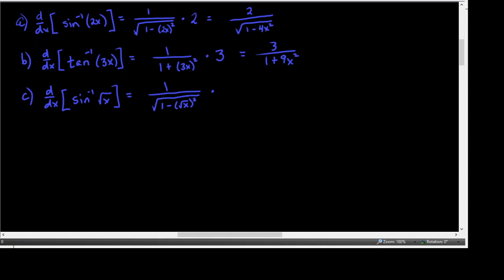Remember, square root of x is x to the 1/2. So its derivative is 1/2 x to the negative 1/2. And so this will be 1 over 2, and then x to the negative 1/2 is square root of x in the denominator, times the square root of 1 minus, and then the square root of x squared is x.